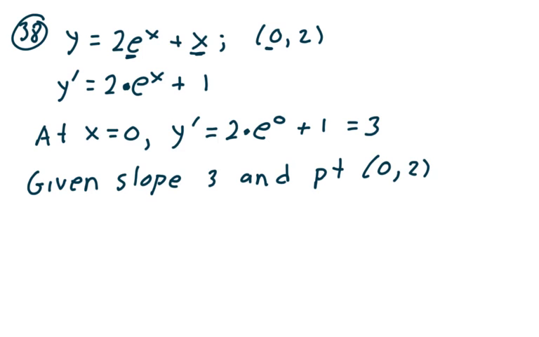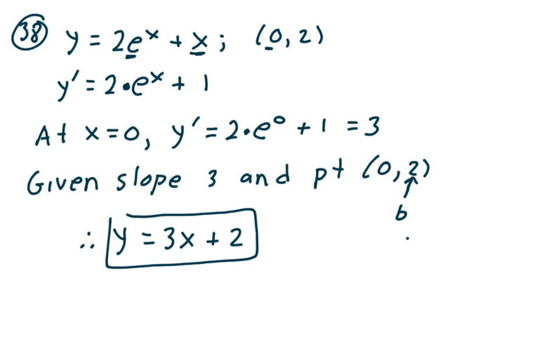But remember, this already gives me b because it's a y-intercept. And so therefore, the equation of the tangent line will be y equals 3x plus 2. So again, this is the tangent line that we were looking for. That's how you do 38.